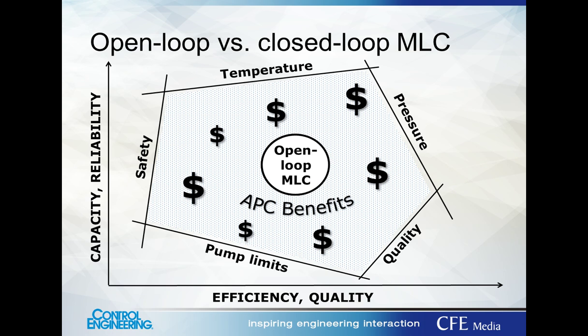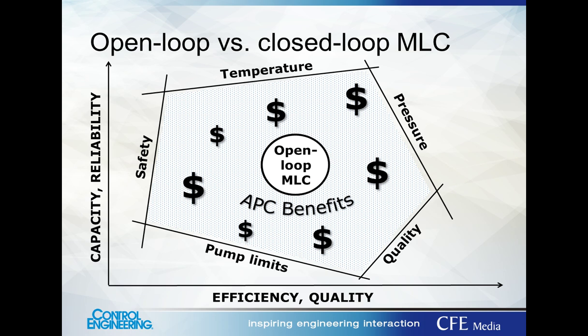What this says is that with open loop MLC, the operating team has to keep operations safely away from constraints. But this comes with an economic or optimization penalty. This space between the operating region and actual limits or targets represents lost capacity, efficiency, etc.